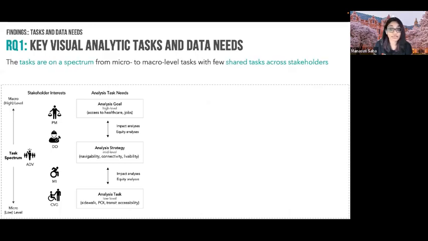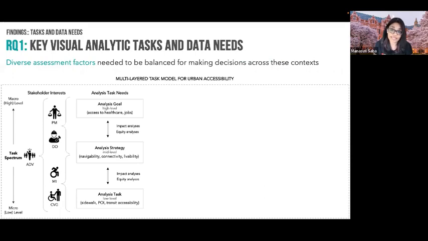These tasks can be laid onto a spectrum from micro to macro level, where stakeholders operate at the primary levels with some shared tasks across the groups. For example, policymakers, department officials, and advocates asked about a mid-level task of assessing sidewalk network connectivity for making investment decisions.